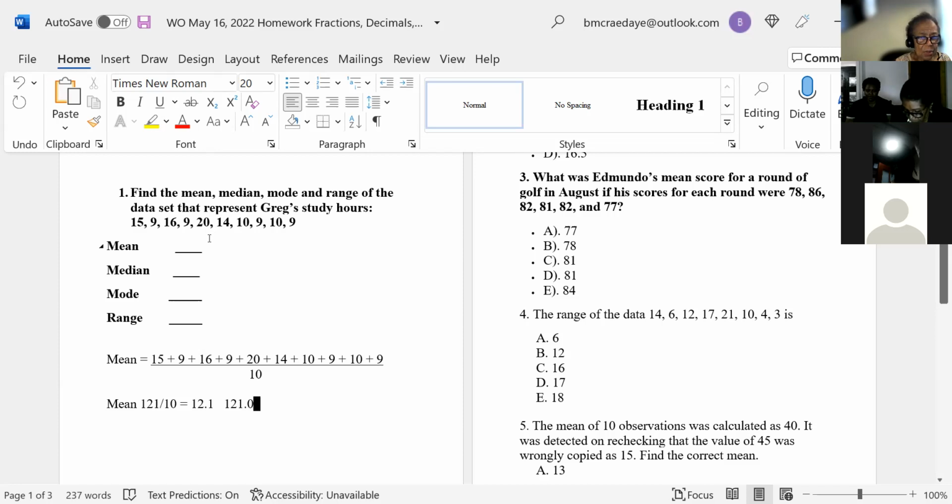Enter. No, press your enter key. I got 121. Okay, now you got it. Very good.